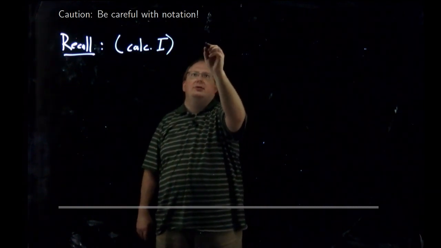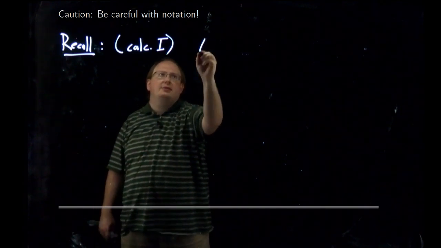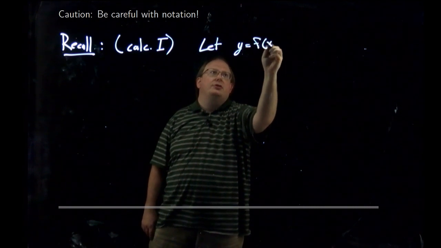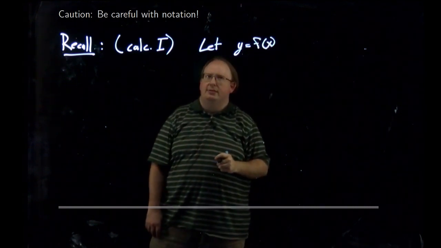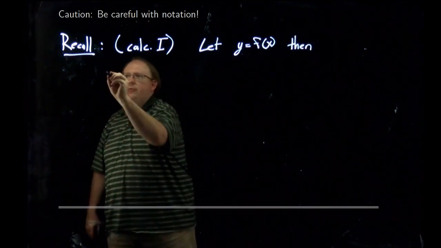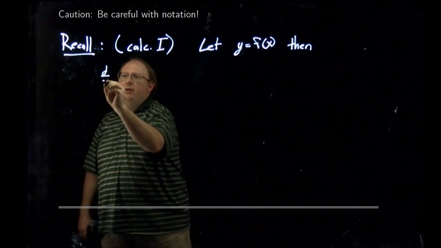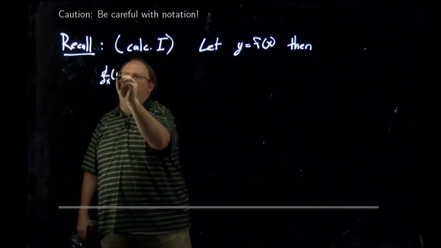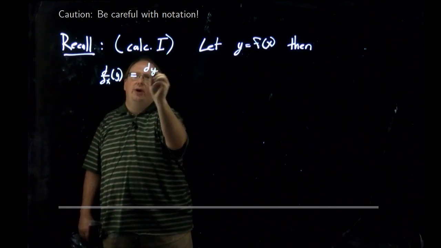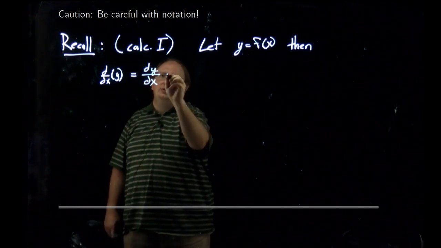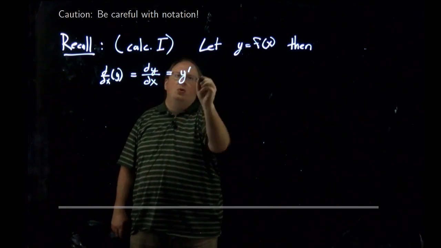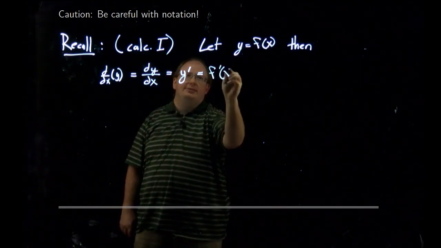If we have a function, let's let y be equal to a function f of x, then we will say the derivative of y with respect to x is the same thing as saying dy over dx, which is also the same thing as simply saying y prime, or even just writing f prime of x.